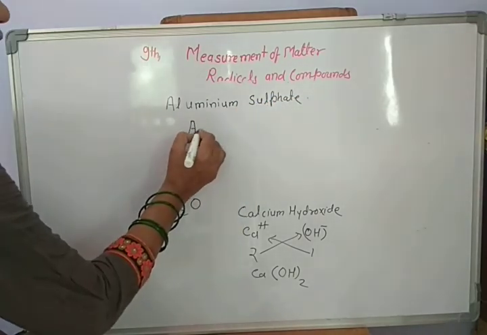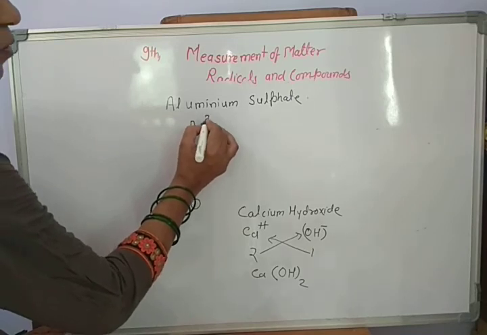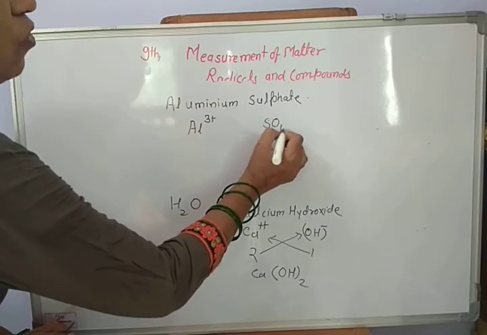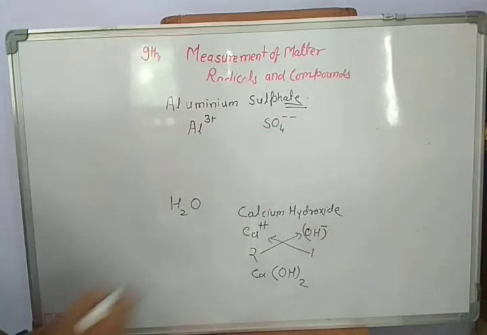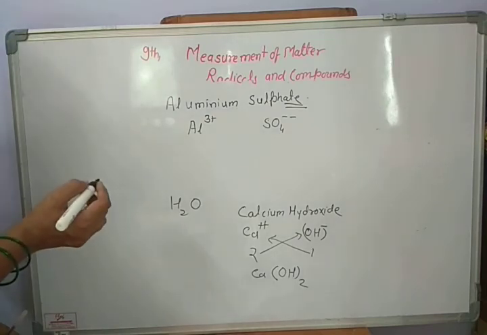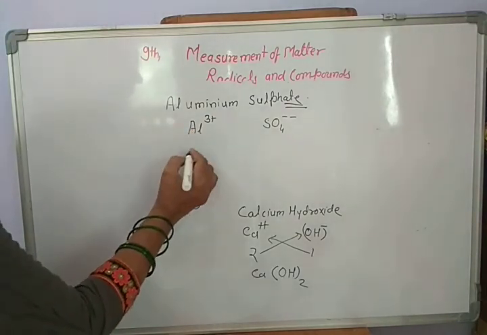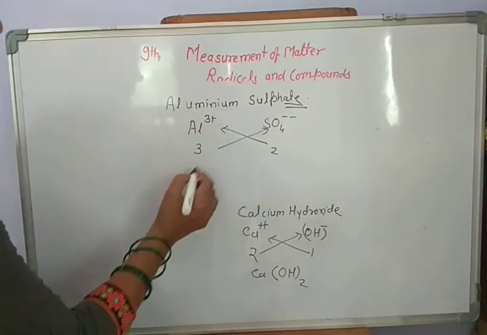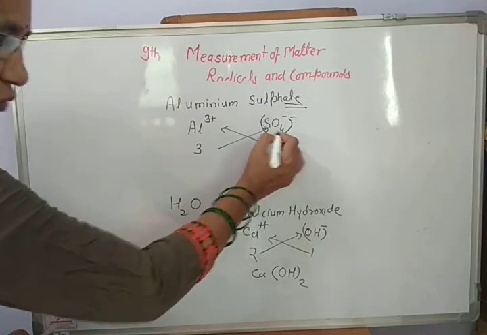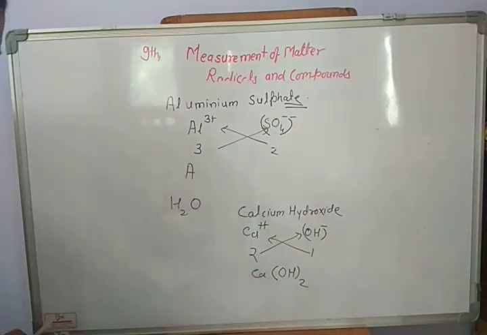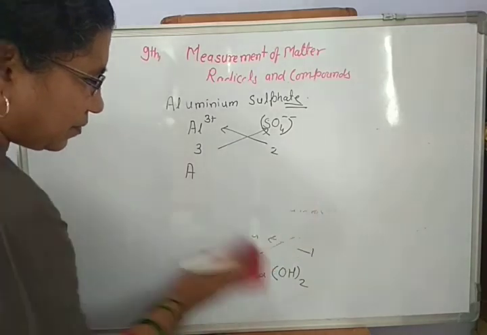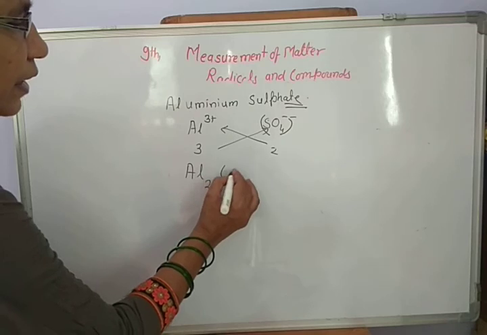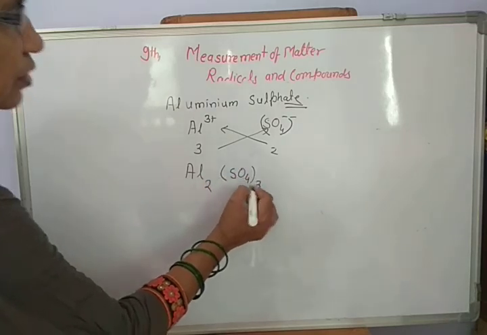So what is here? Al3 plus and sulfate. Remember, SO4 double minus. There is very minute difference between sulfate, sulfite and sulfide. So Al3 plus. So what comes? Here 3, here 2. This 2 is given here, here 3 is given. Now again it is a composite radical, so we have to put a bracket. So it becomes Al2(SO4)3.